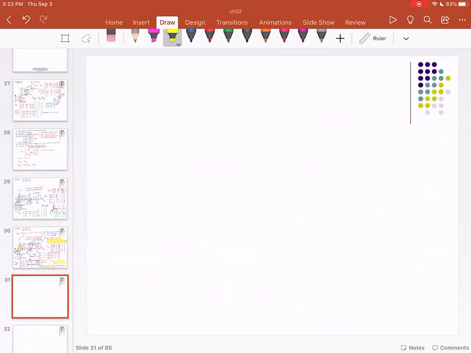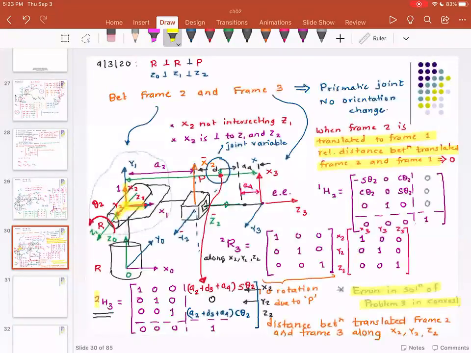When you're finding the distance of 2H3, will it be different if we didn't translate frame 2 onto frame 1? It will be different and it will be incorrect. Actually, why don't you work it out?